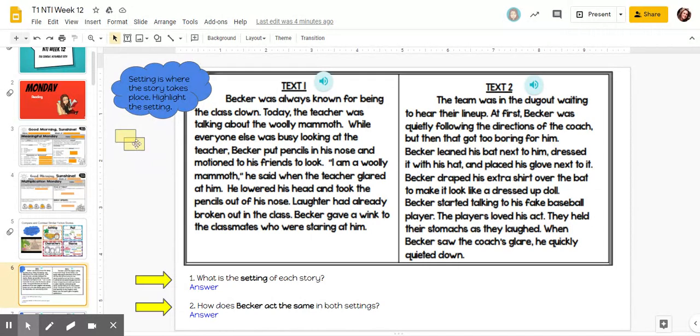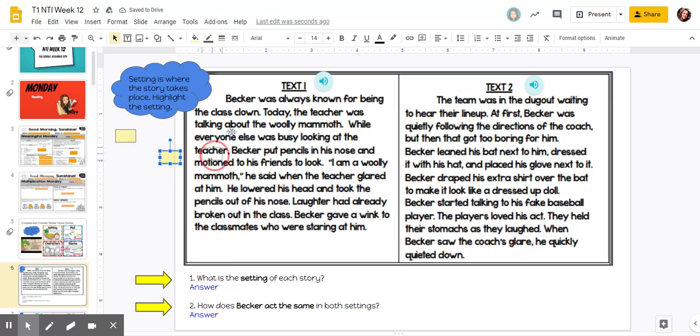So you have these little highlighting tools here. And when you find the setting, wherever it is, you can set it down and expand it to cover as much of the text that you want to show for the setting.